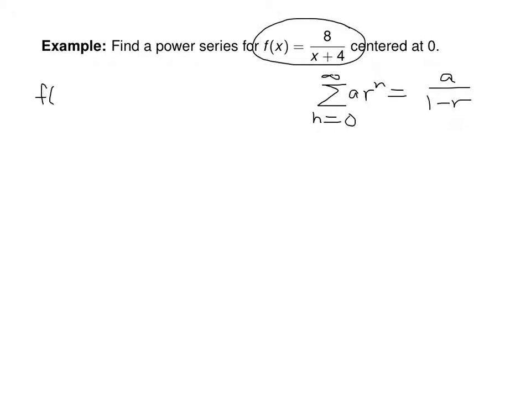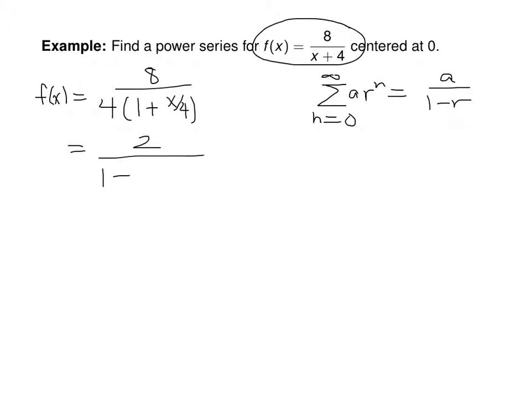So first of all, let's factor out that 4. So we'll have 4 times 1 plus x over 4. Alright, so that's the same thing as 2 over 1 minus negative x over 4.